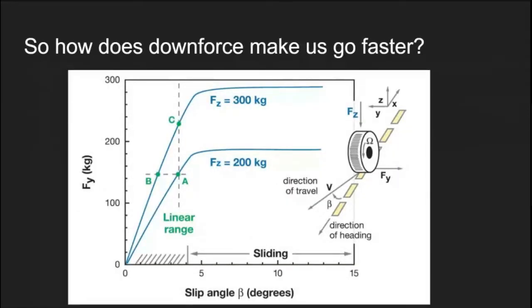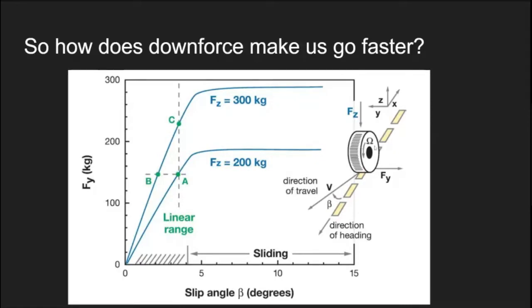So basically, how does downforce make us go faster? I'll show you using this graph. This is from one of the papers that I recommended to read for aero, and he explains it pretty well.